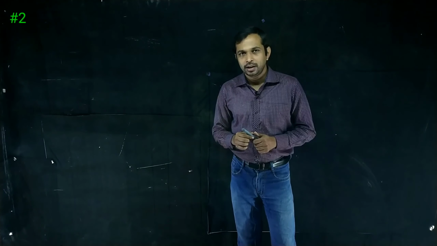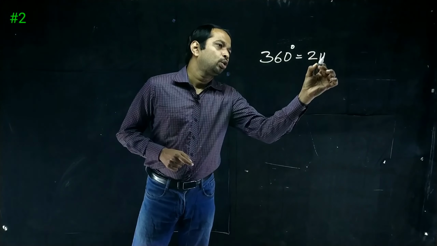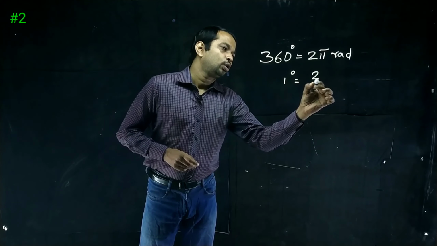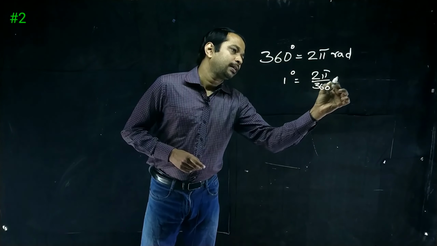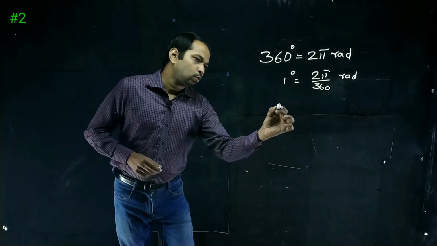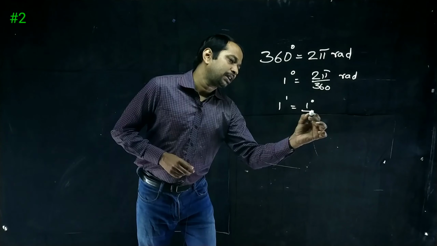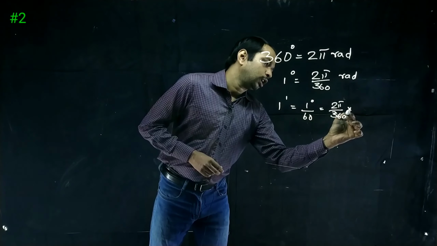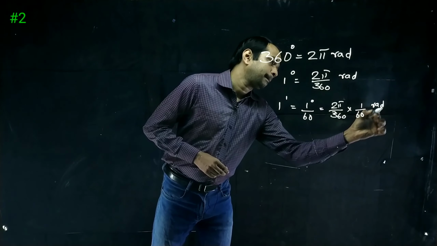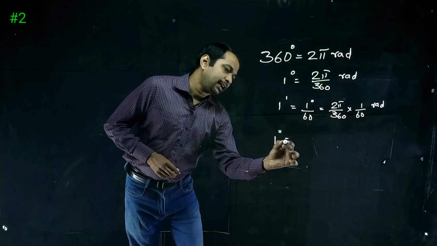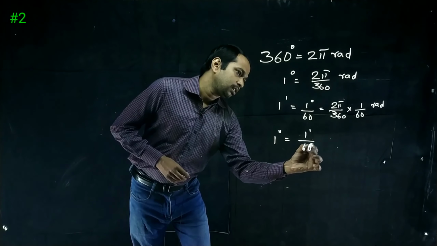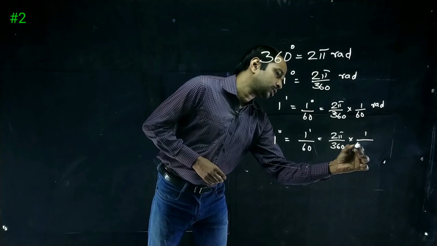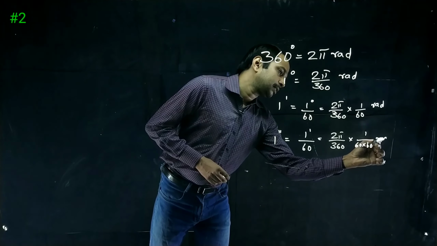I told you 360 degree is equal to 2 pi radians, which means 1 degree is 2 pi by 360 radians, and 1 minute is 1 degree by 60, which is equal to 2 pi by 360 into 1 by 60 radian, and 1 second is 1 minute by 60, which is equal to 2 pi by 360 into 1 by 60 into 60 radians.